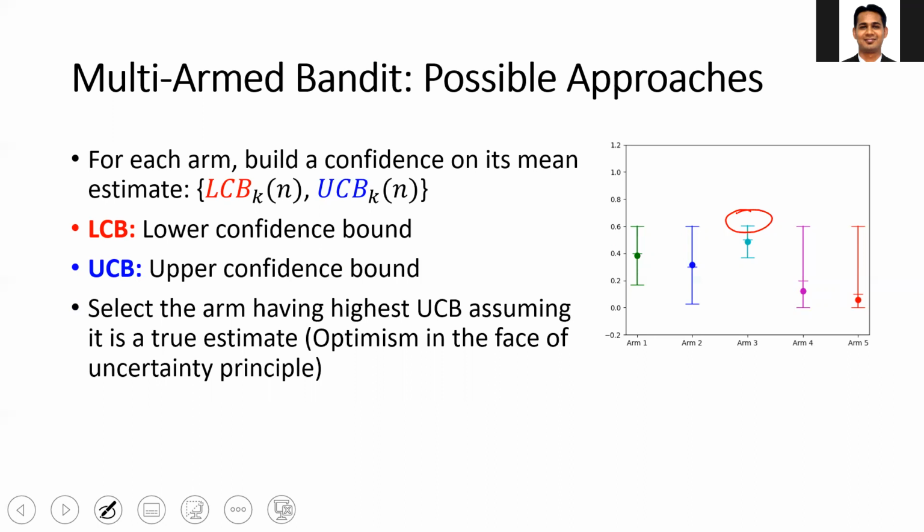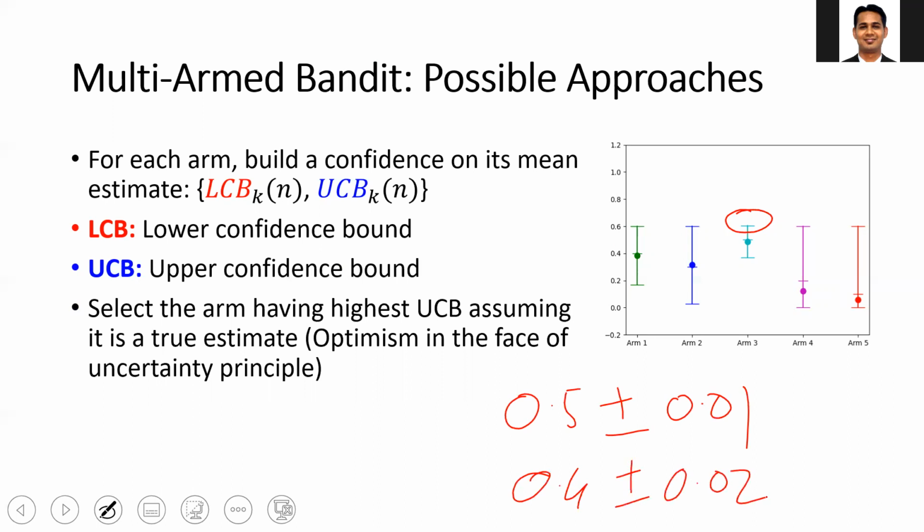Suppose my estimate is 0.5, but depending upon the samples it can be plus minus 0.01. I have another arm where the estimate can be plus minus say 0.2. In that case, the upper confidence bound will be 0.51 and this will be 0.542, and then I'll choose this arm.